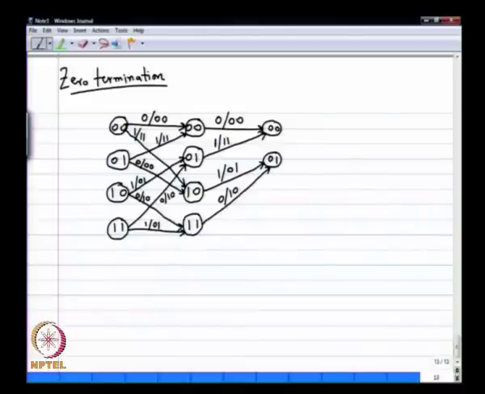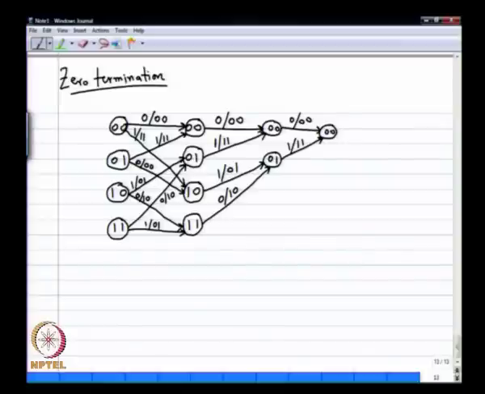Is that okay? So, that will be the input, and then 0 0 is okay, you put in 0 0 0, and from here you go with the 1 and 1, that is all. Okay. So, the point is 0 termination does not necessarily happen with 0 input.